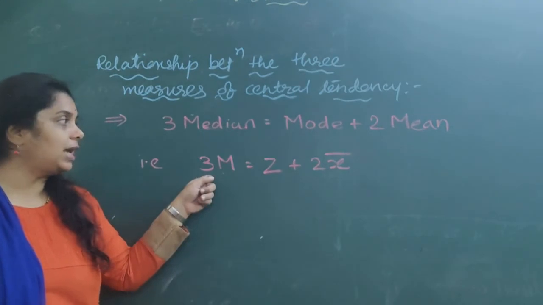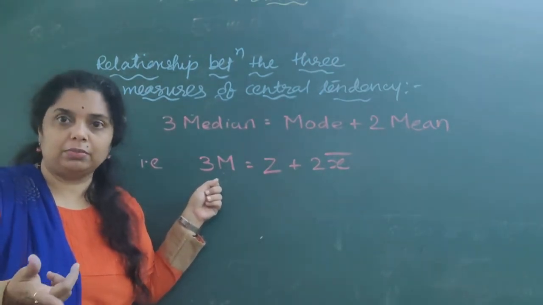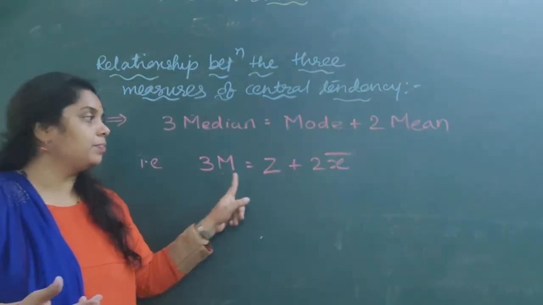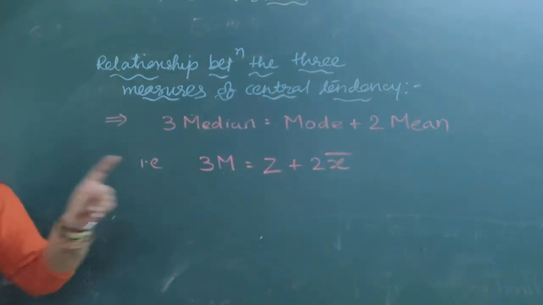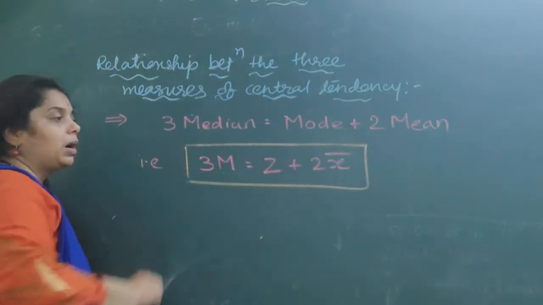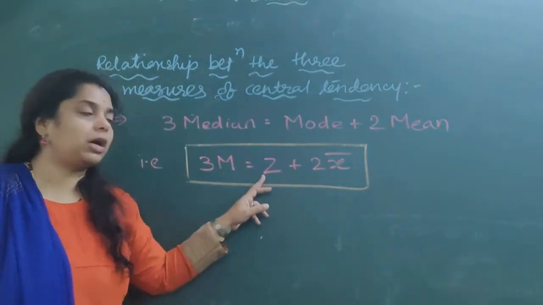If we write it mathematically using symbols, we can write 3M is equal to Z plus 2 times x bar. So this formula is important.